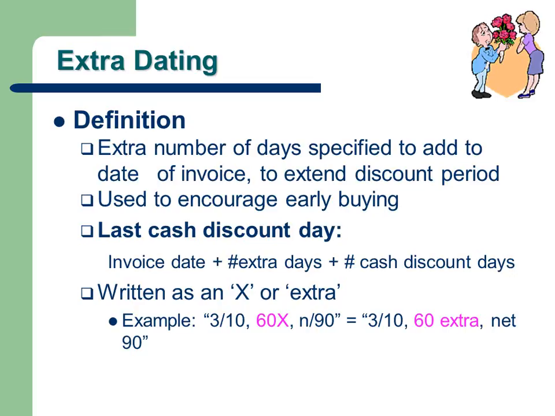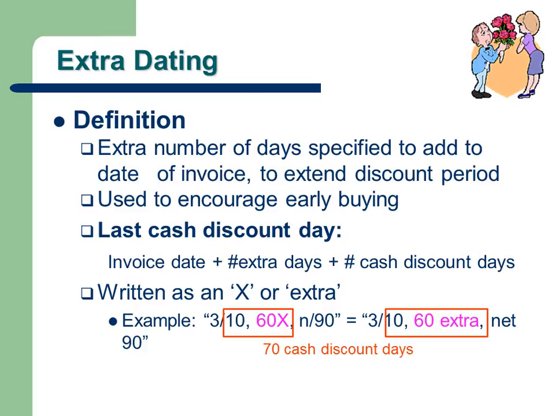That means you will get a 3% cash discount if you pay in 10 days and 60 more days, so that entire thing would be 70 days. And your absolute net payment due is 90 days from the invoice date.